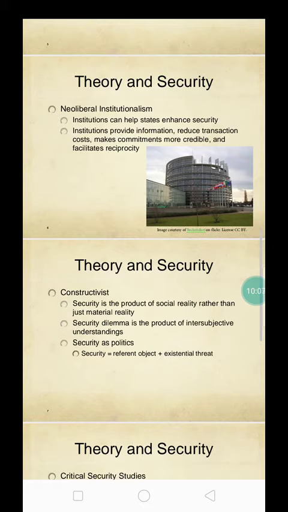The shared understanding, or intersubjectivity, forms the basis of their interaction, and nuclear weapons by themselves do not have any meaning unless we understand the social context. This further demonstrates that constructivists go beyond the material reality by including the effect of ideas and beliefs on the world of politics.